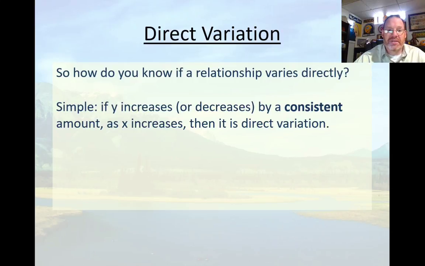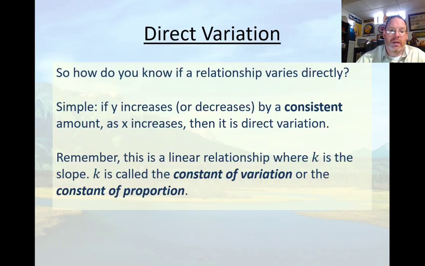If y increases or decreases by a consistent amount as x increases by a consistent amount, then it's direct variation. Remember that this is a linear relationship, and k actually represents the slope. You know that if it's a linear relationship, the slope is constant. That k value is called the constant of variation or the constant of proportion. Regardless of whether the relationship is direct, inverse, or joint, k is always called the constant of variation.